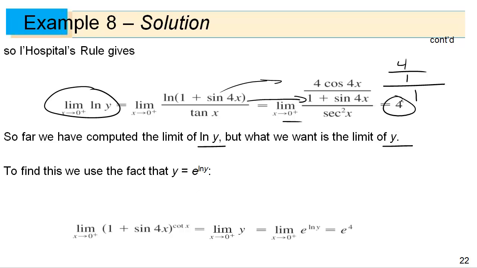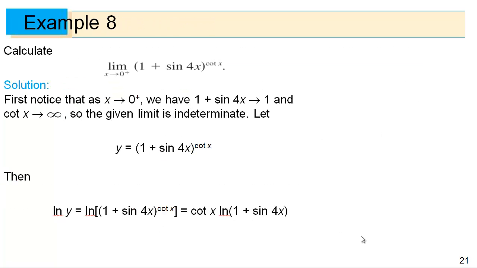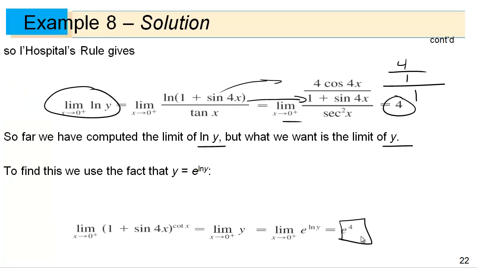So if this equals the limit of natural log of y, then e to that is going to equal the limit of y. So our answer is going to be e to the 4. And that ends up being the limit of the original function. I'll page back up so you can remember what it was. This one right here. So the limit of that thing actually equals e to the 4th.